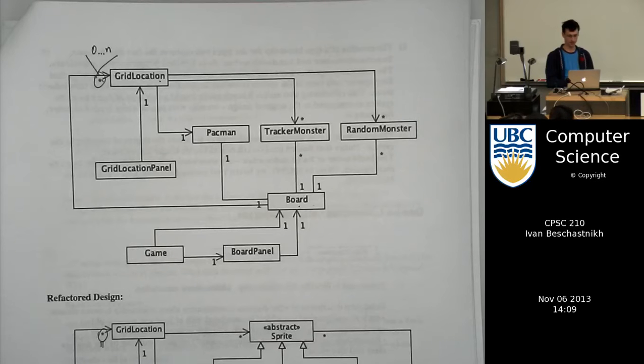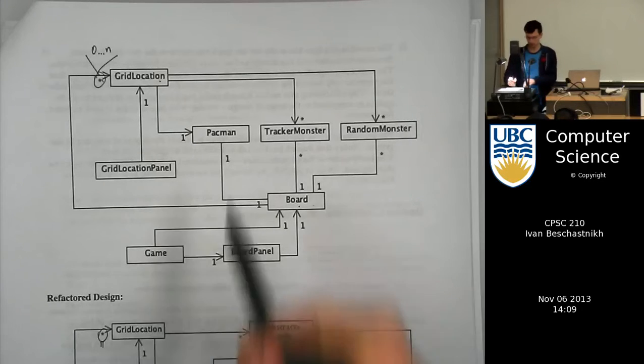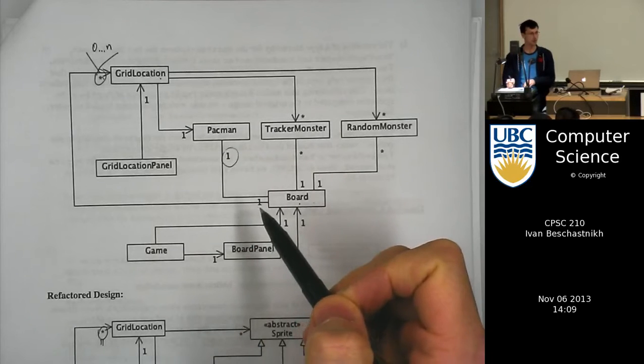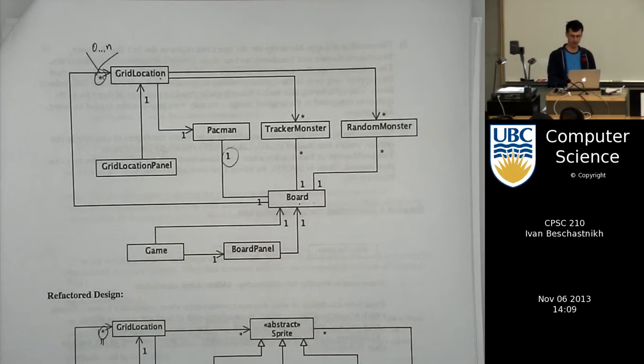As a very first step, it creates a Pacman. So after my constructor executes, I know about exactly one Pacman. It's initialized, which is why I have the number 1 here. And then if you look at grid locations, you'll say, do I ever add grid locations or create new grid locations? Nope. So that's why it's still a star. So it's still 0 through n.